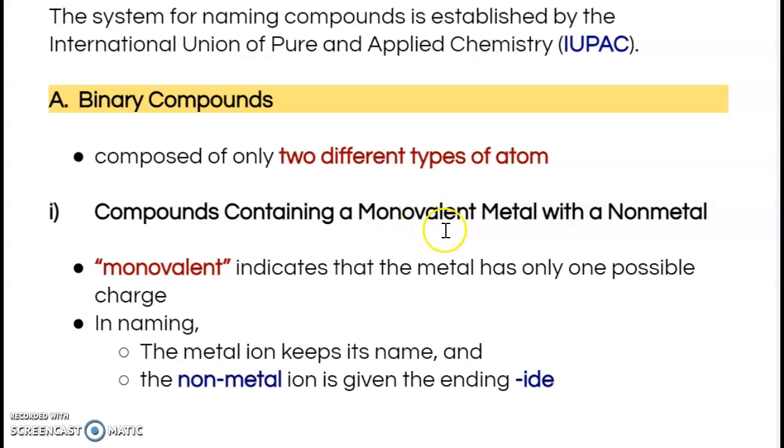So compounds containing a monovalent metal with a nonmetal. What is a monovalent metal? Well, a monovalent metal indicates that the metal has only one possible charge. Up to now, we've only discussed monovalent metals, such as sodium, calcium, and magnesium.